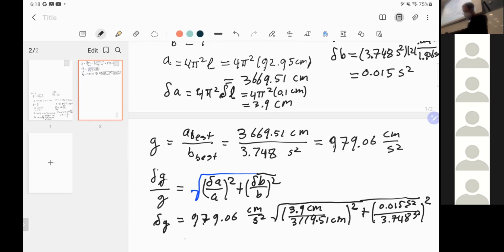If you calculate that, you should get 4.05 centimeters per second squared.